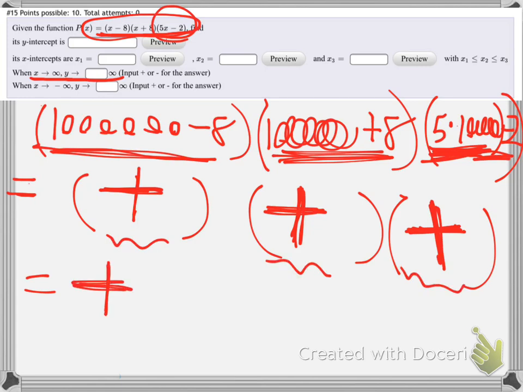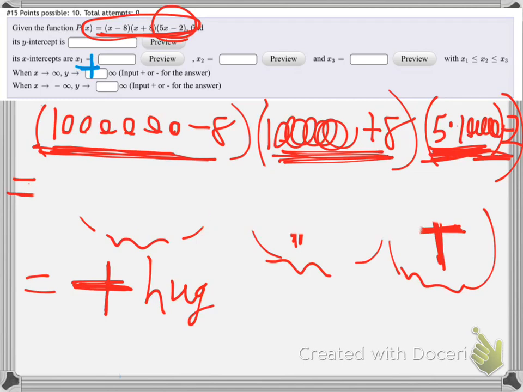So when I plug in a giant number like a positive 1,000,000, what I get is a positive, humongous number, a giant positive. So we'll say what we get is a giant positive number when we plug in positive infinity, or as we approach infinity.